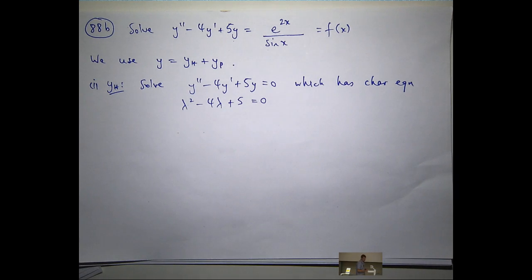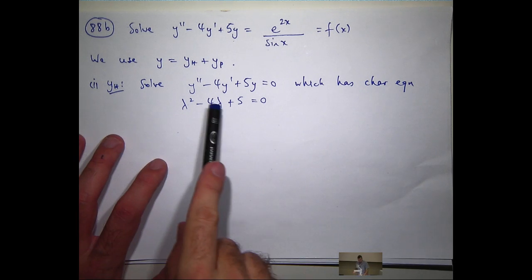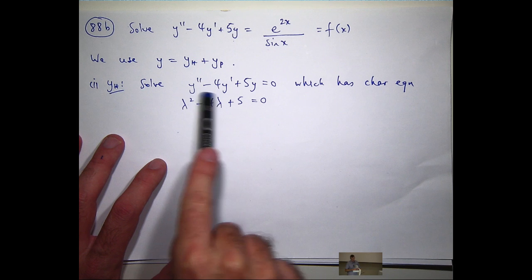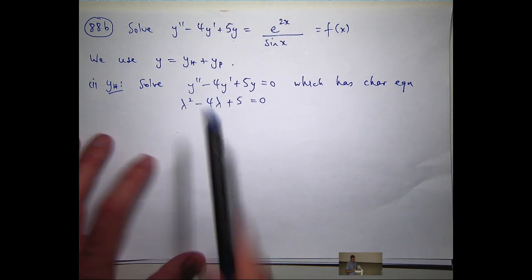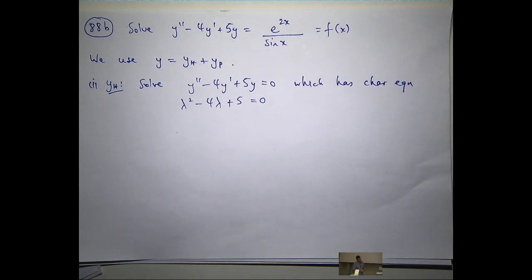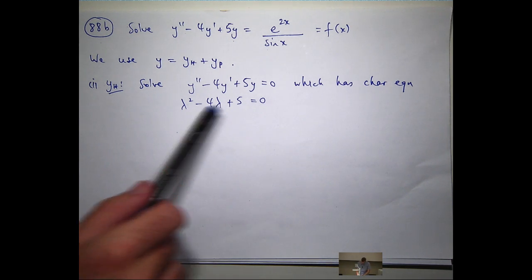Now, with this one, it doesn't factorise, not over the reals anyway. So I like to complete the square for these problems. Okay, so for completing the square, it's all about the coefficient of lambda. You take half the coefficient, square it, and add it to both sides of this equation. Okay?